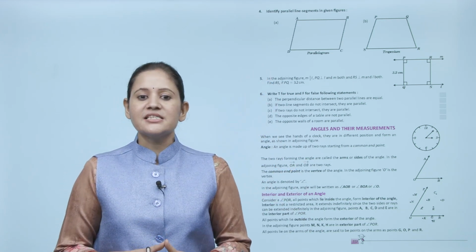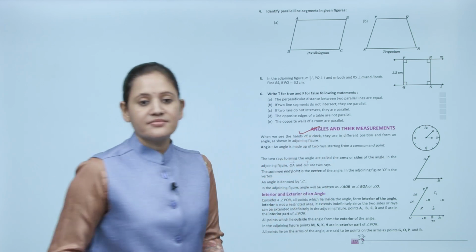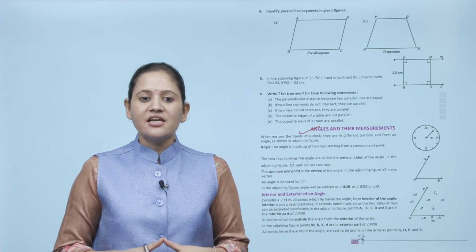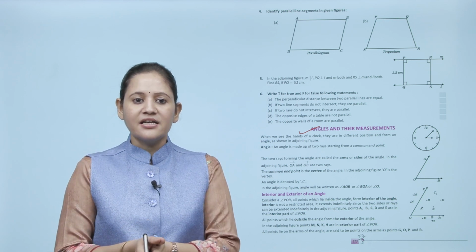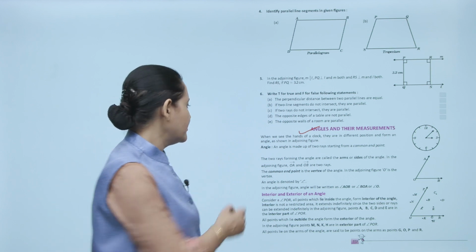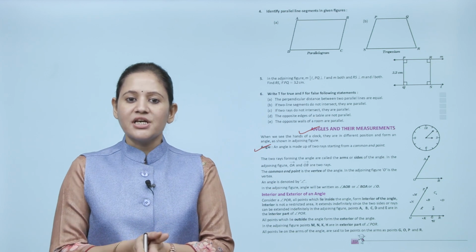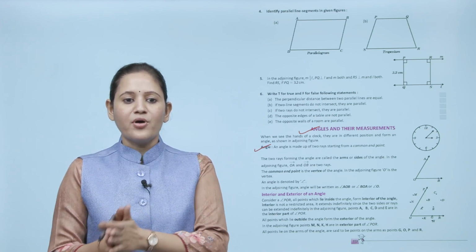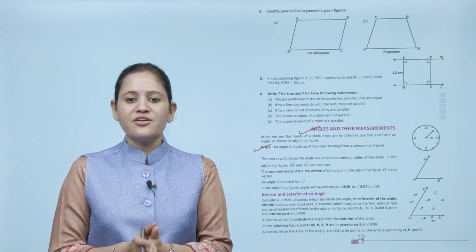Our next topic is angles and their measurement. When we see the hands of a clock, they are in different positions and form angles, as shown in the adjoining figure. Angle. An angle is made up of 2 rays starting from a common end point. The 2 rays forming the angle are called the arms or sides of the angle.